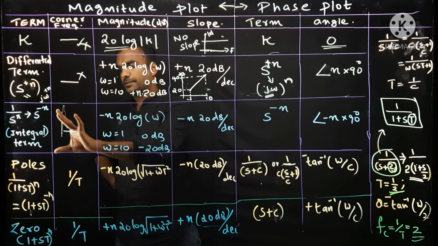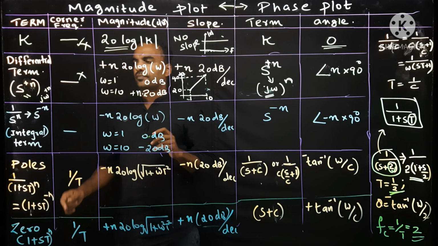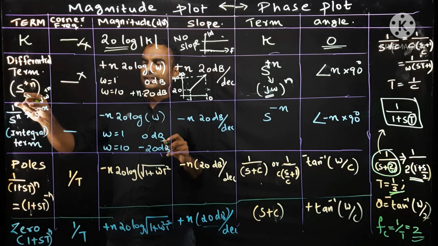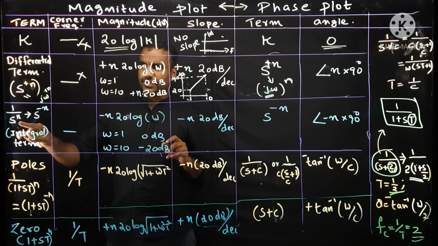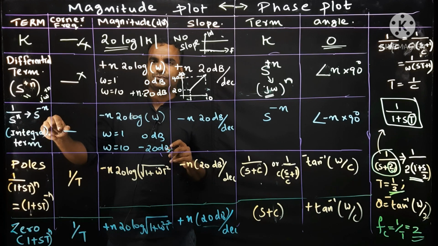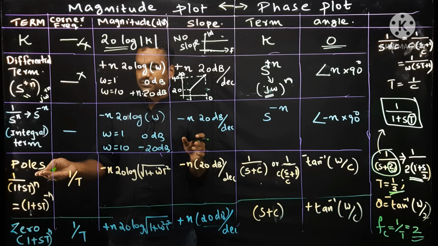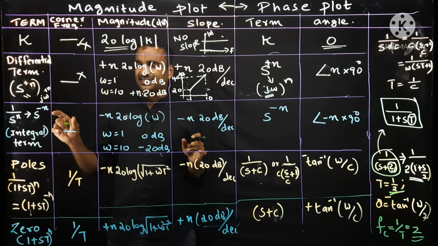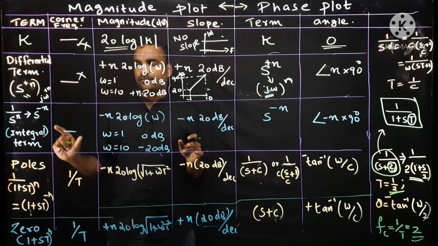Now this is the third term, the integral term. If it is s in the numerator, this is s in the denominator. So 1 by s, for example 1 by s into s plus 2. That s plus 2 is a real pole, and 1 by s is an integral term.